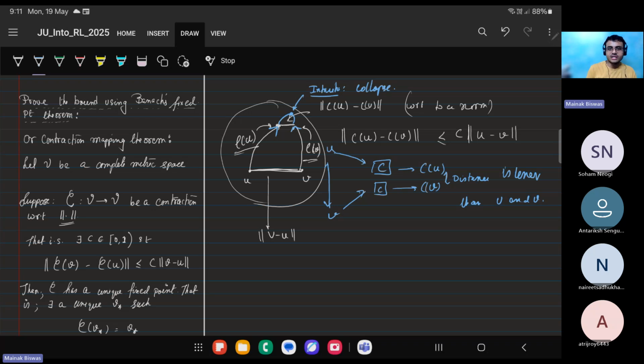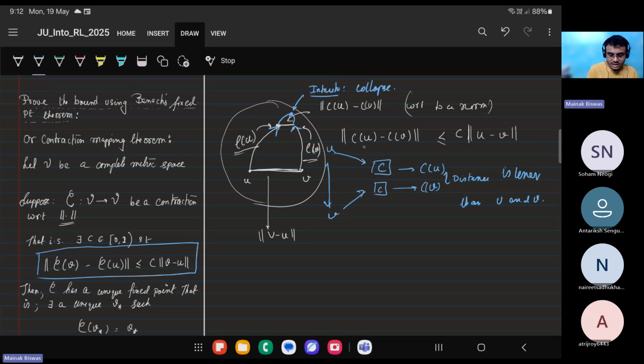Okay, so if this happens every time, how do we formally define a contraction operation? Anytime you pass two vectors to the contraction operator, it will bring the vectors closer.